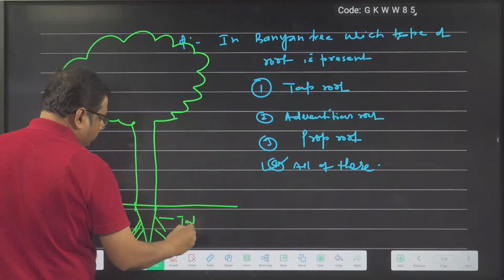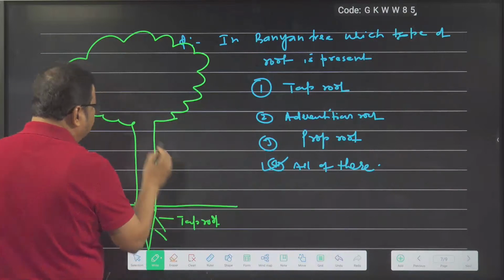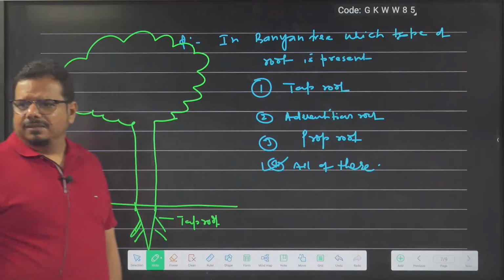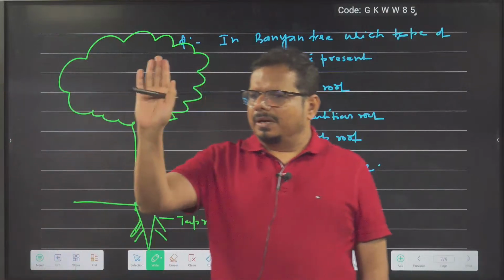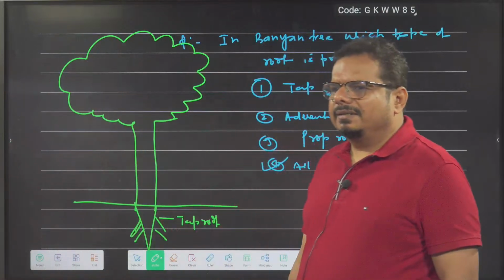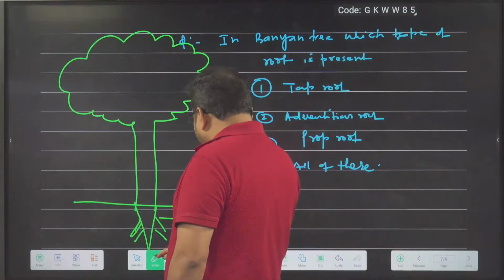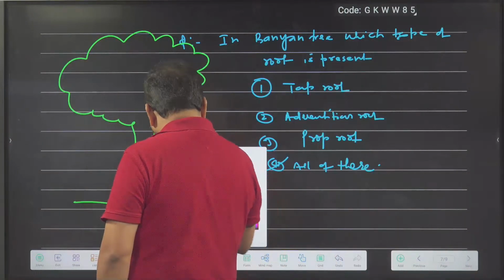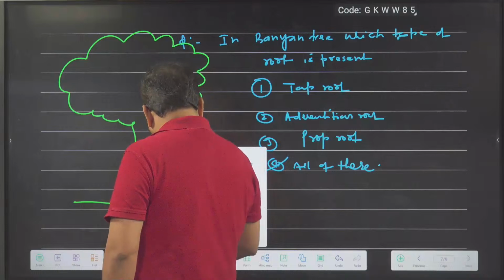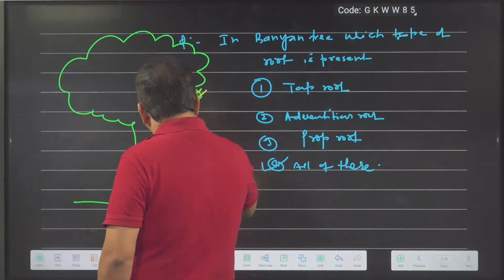Taproot. It is a dicot plant, so hence taproot is there. Taproot is there in banyan. Besides taproot, in banyan, roots also arise from the branches.